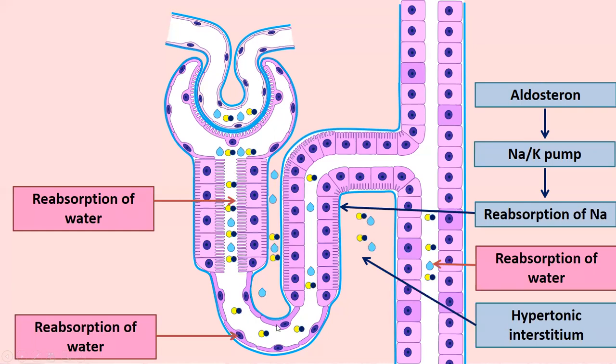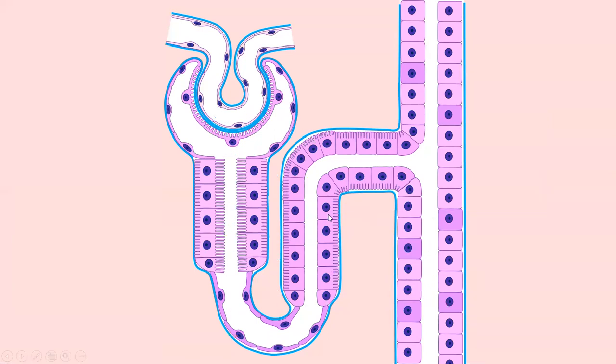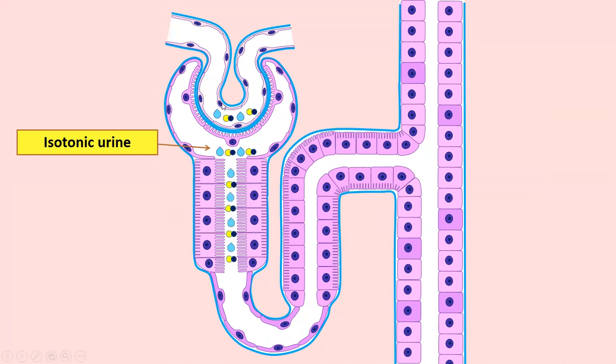Three places of reabsorption of water, and one is the place of reabsorption of sodium. But also proximal tubule is also able for the sodium reabsorption, but the main place of sodium reabsorption is distal tubule.